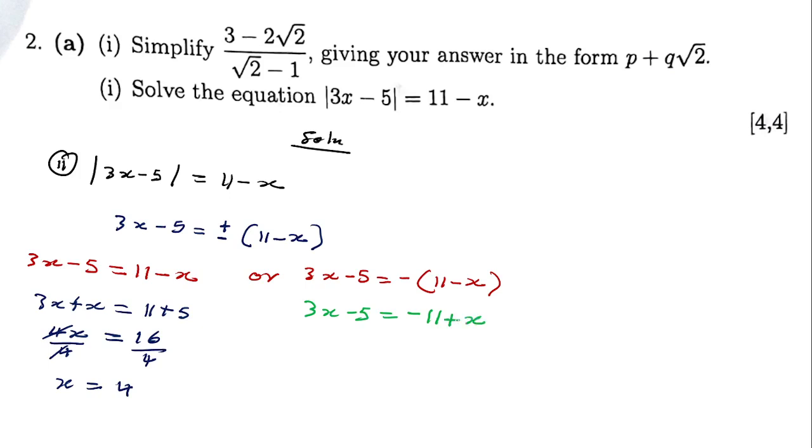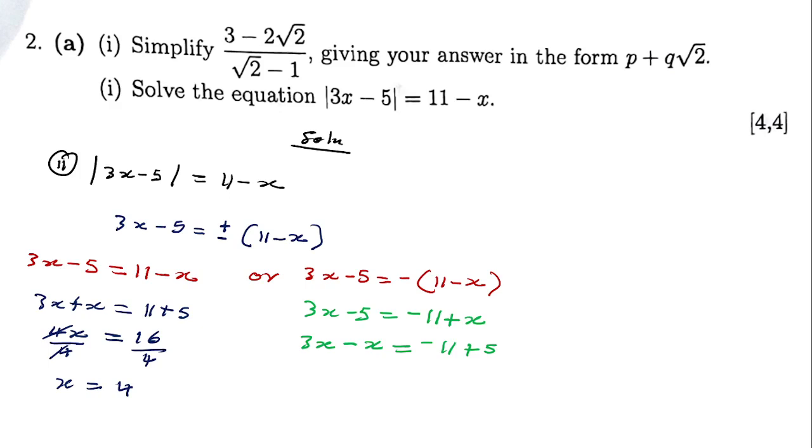Then this will go to the other side, that will go to the other side. So this will be 3x minus x is equal to negative 11 plus what? Plus 5. So that's what we have at that particular point.